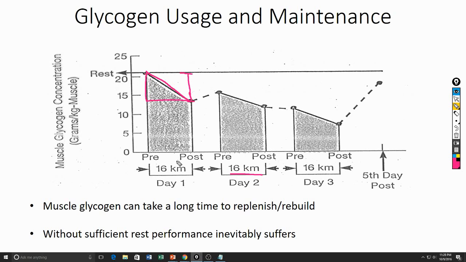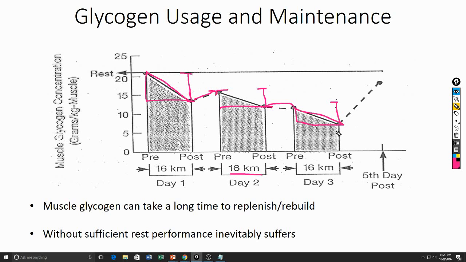Now, on day two, they weren't given a day of rest. Glycogen levels started up, so they had a little bit of recovery, went to here, and then dropped to here. So, more drop. And then from day two to day three, no real recovery, but still more depletion. Okay.